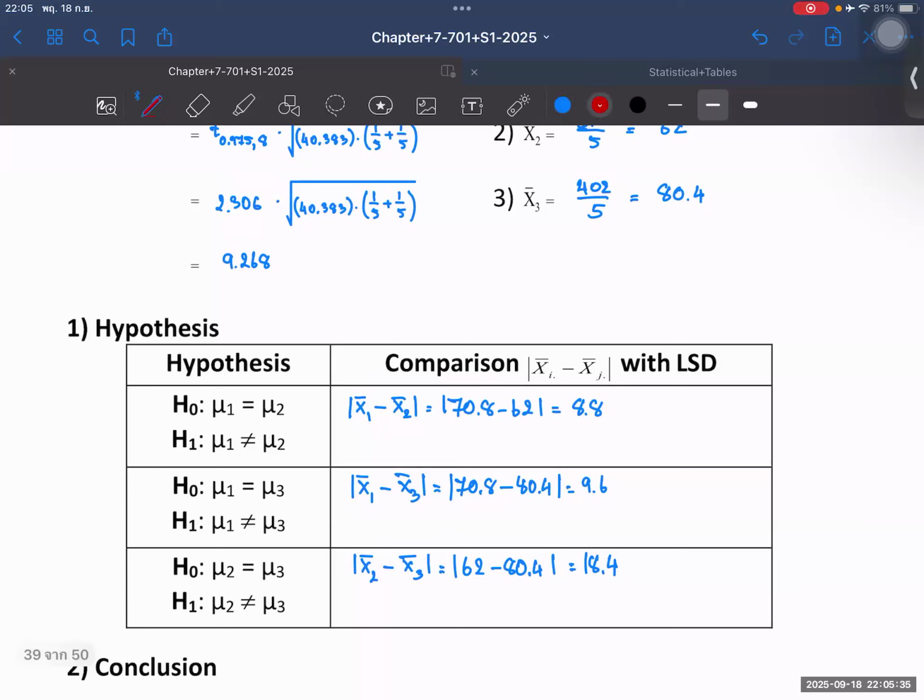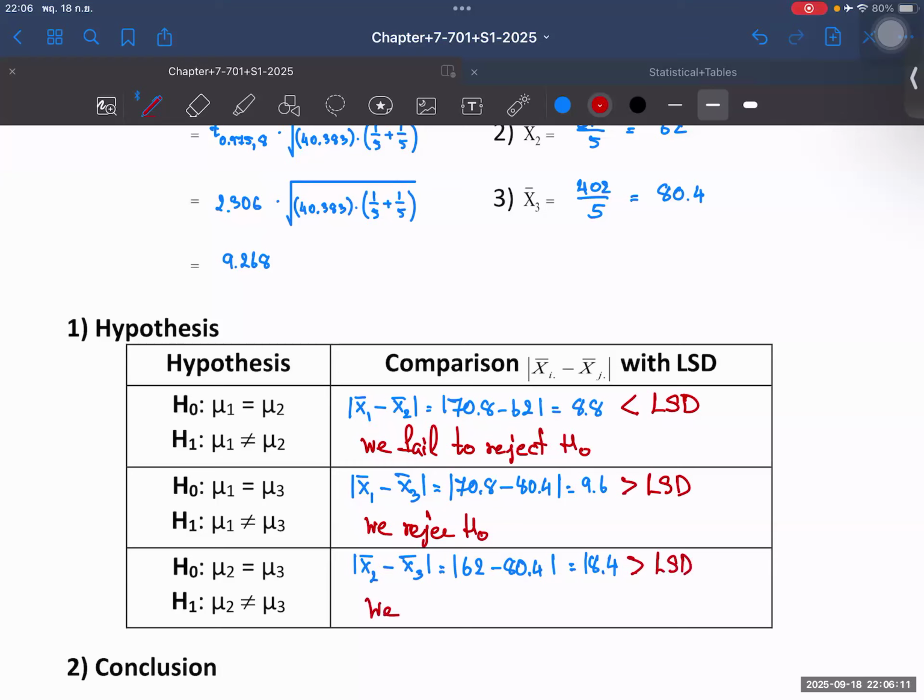So you can see that this is less than the LSD, so we fail to reject H0. And this is greater than LSD, so we reject H0. This is greater than LSD, so we reject H0. Okay.